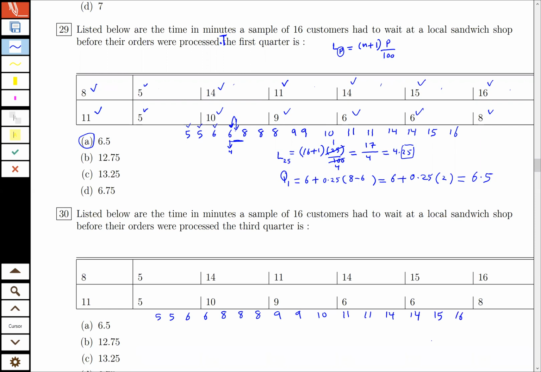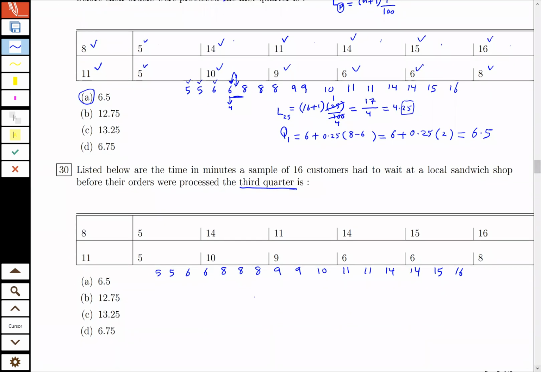These are the elements in order. What he wants here is the third quarter, which means 75%. Regarding the location, remember the formula: L equals N plus 1 times the percentile divided by 100.